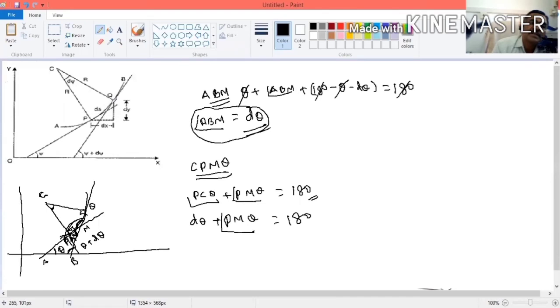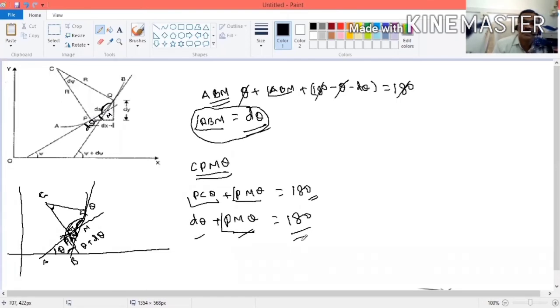That is this angle plus this angle plus this angle. This is d theta, and d theta plus this angle is 180 degrees because it is one side of a straight line. This is point P, this point is M, PMQ.